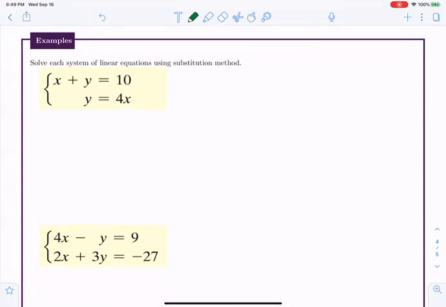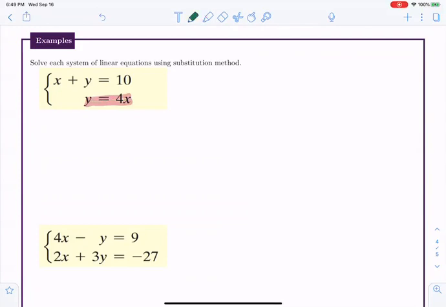So in the first system, we have x plus y equals 10 and y is equal to 4x. And they have given us this relationship that y is equal to 4x.